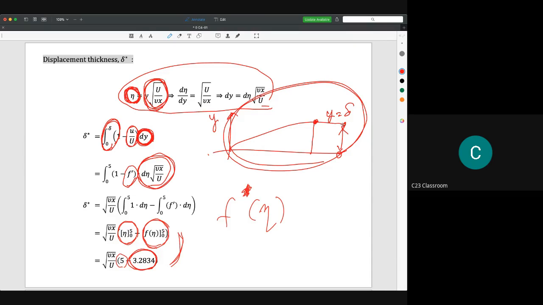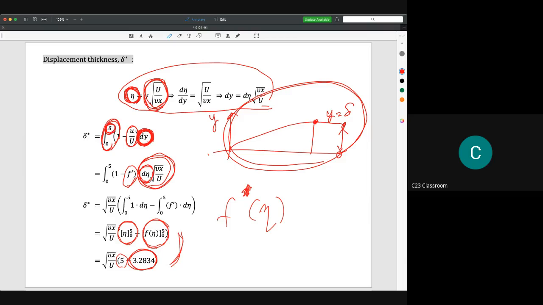But when we change our equation into d eta, we need to change our limit too, because we change everything. Why do we take delta? Because at u equal to 99% of capital U, y is equal to delta.